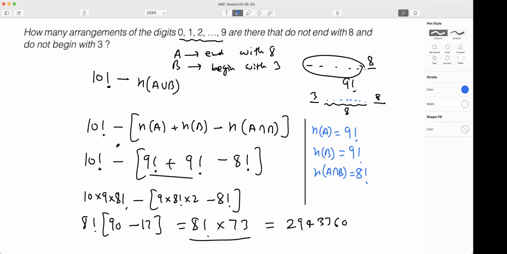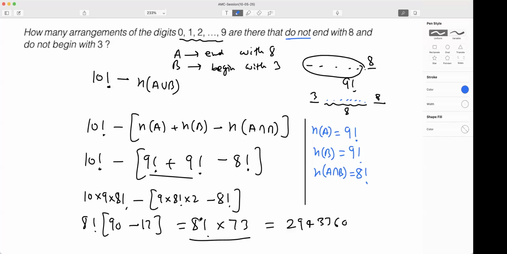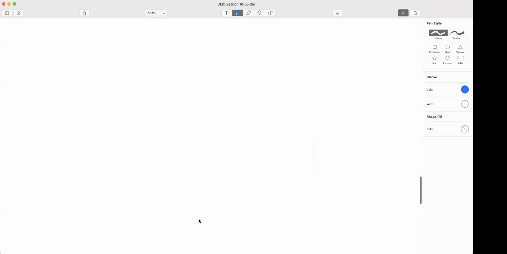So 10 factorial minus all these cases, because this means that either A should be true or B should be true or both. And I don't want any one of them. The total arrangements minus these arrangements I remove, because they are saying do not. So whenever they say this, I don't want that number of arrangements, I remove it and got this. I hope it's clear. Yes, sir.